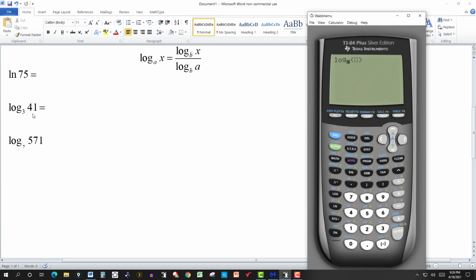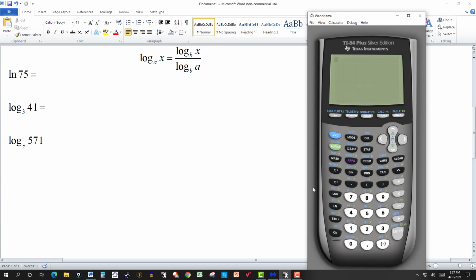The log of 41 to base 3, so enter the base first. Okay, now the number, 41. Hit enter. And we get 3.38. Okay, you can do it with a change of base formula also.